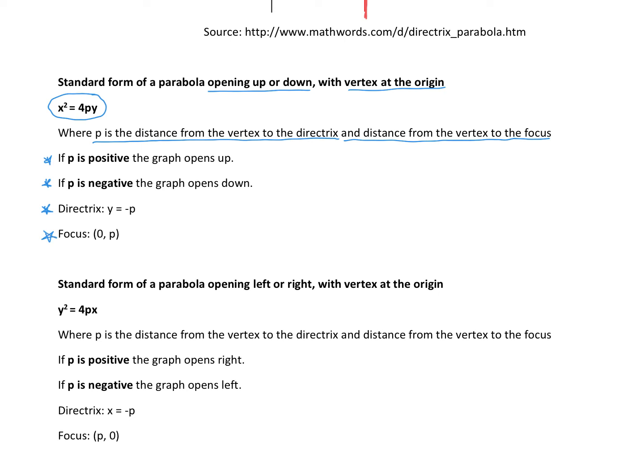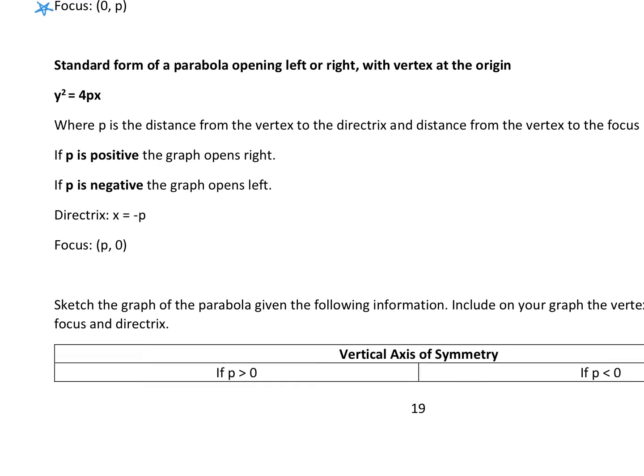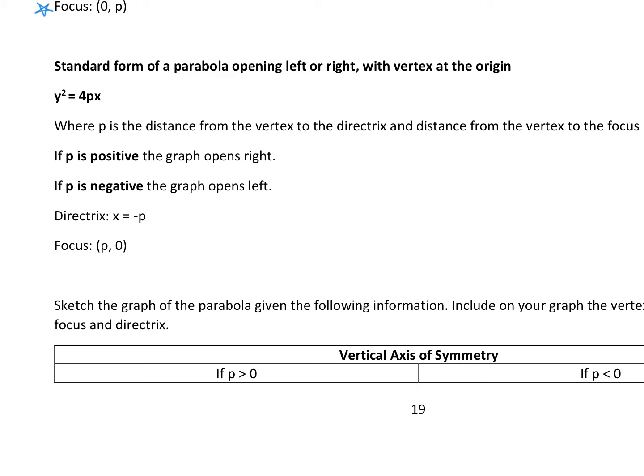We can also have a parabola that opens to the right or to the left. Now keep in mind this is not going to be a function because it won't pass the vertical line test, but it still is the same definition where the focus and the directrix are equidistant from any point on the parabola.